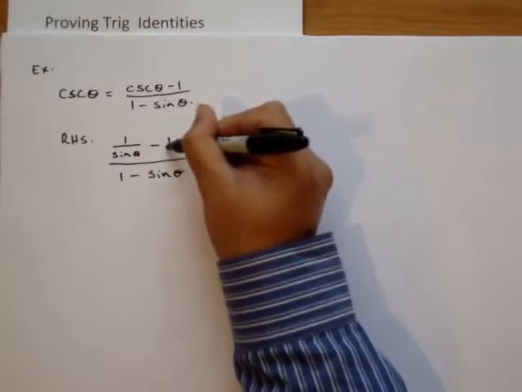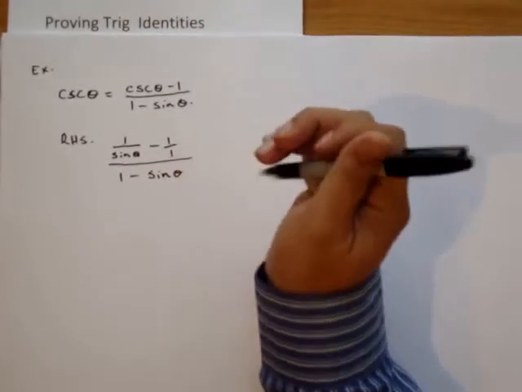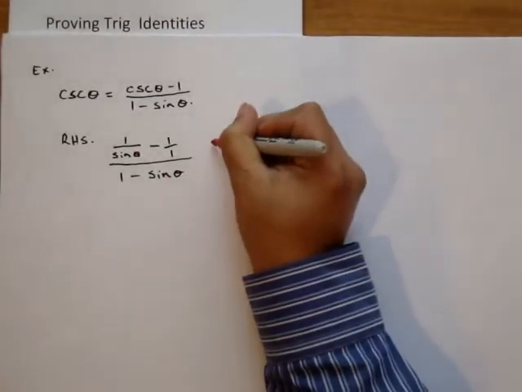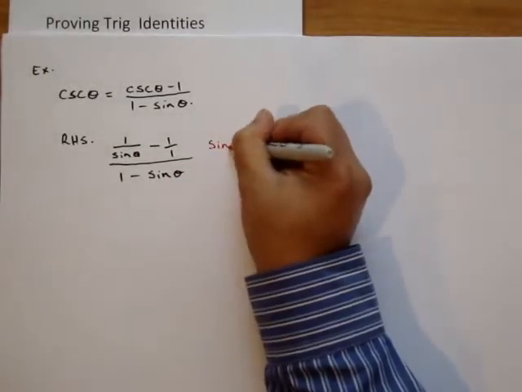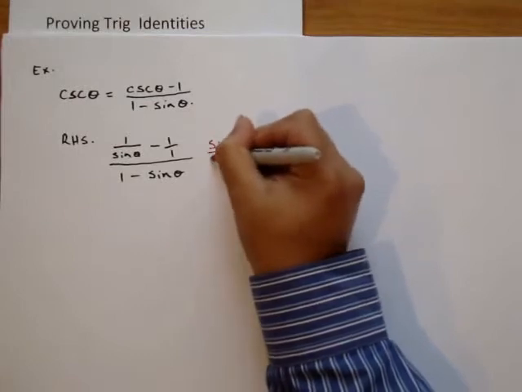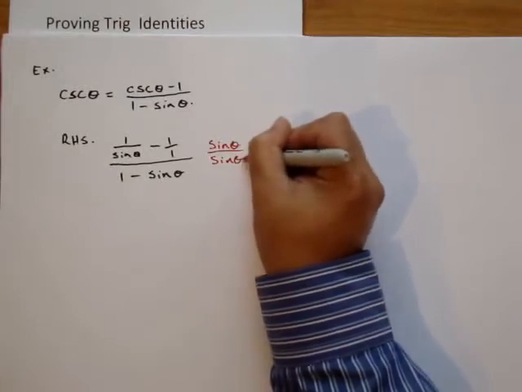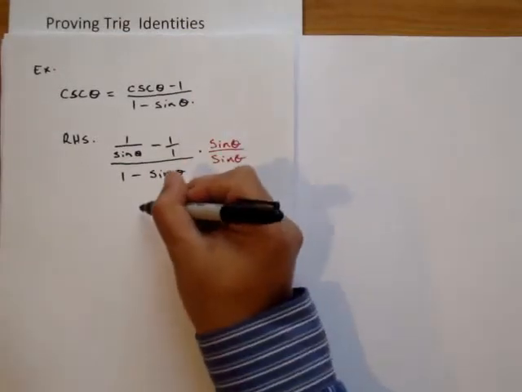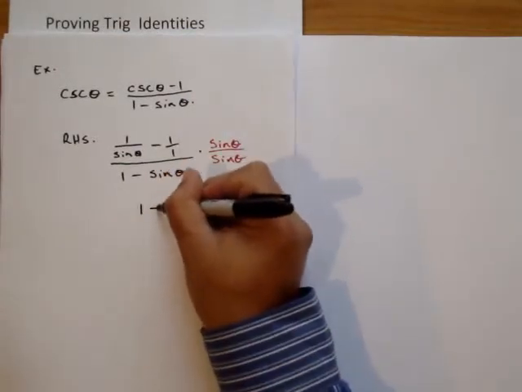We can consider this as a fraction to make it into a whole one. Now we need to multiply this by sine theta over sine theta, which is 1.